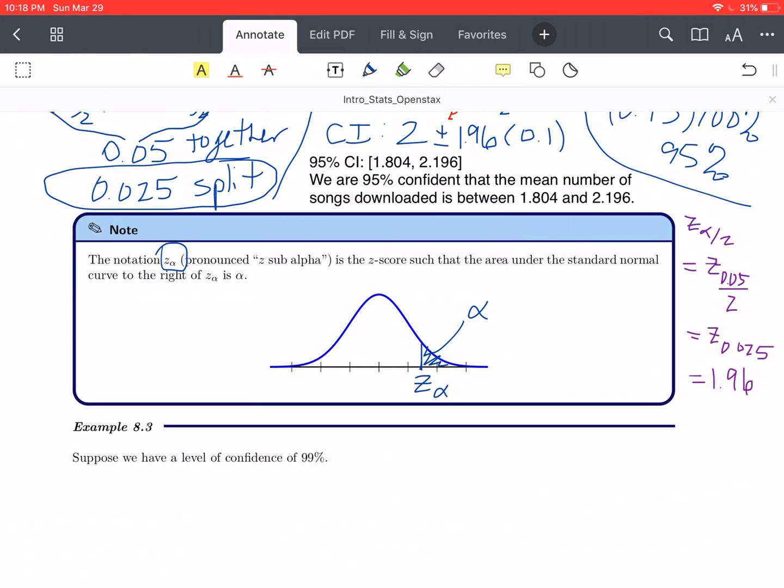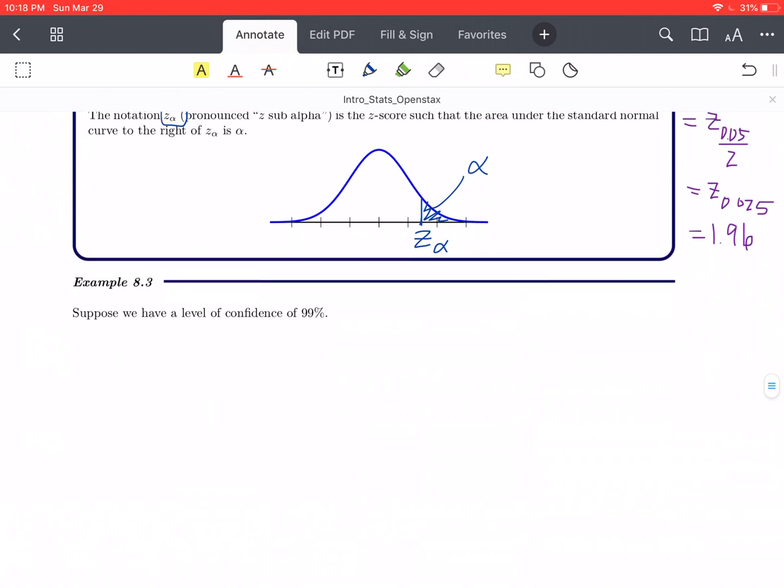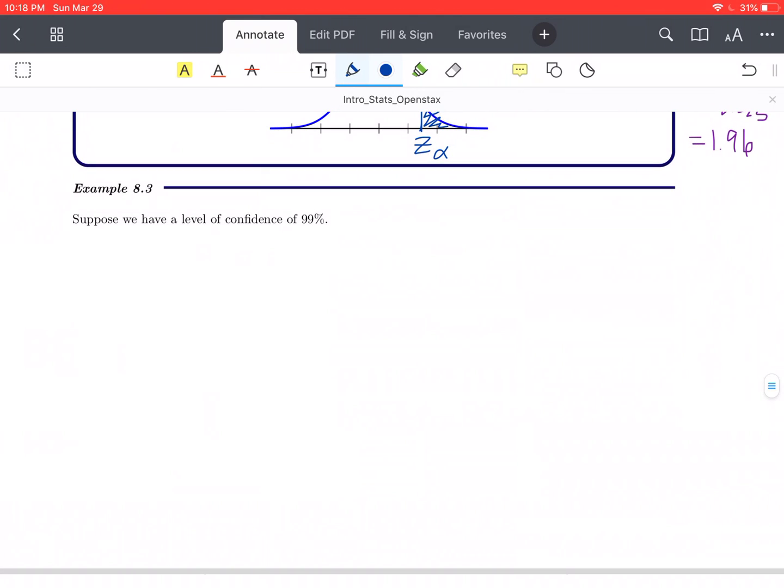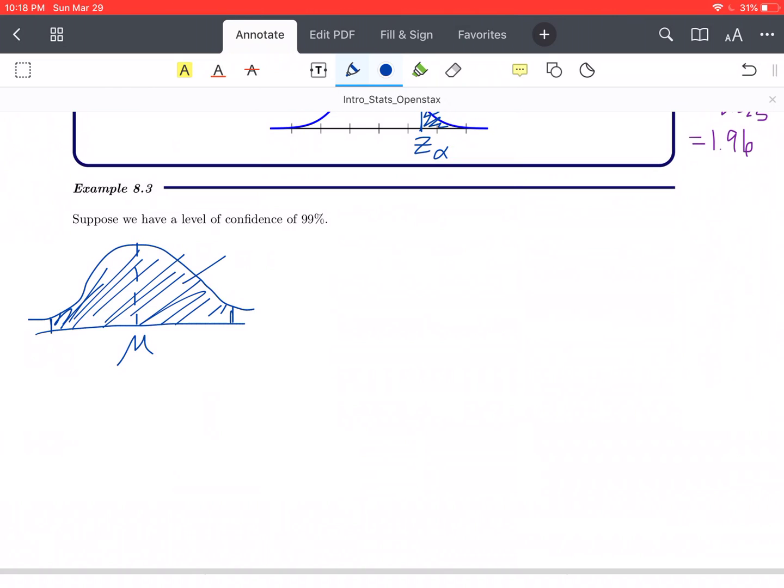Okay. So, now suppose we have a level of confidence of 99%. So in this case, here's our curve, with our mean value in the middle here, and now we're heading way out to the outskirts here, because we're looking at this area in the middle encompassing 99% of the area, which means that the tails have to split that remaining 1%.